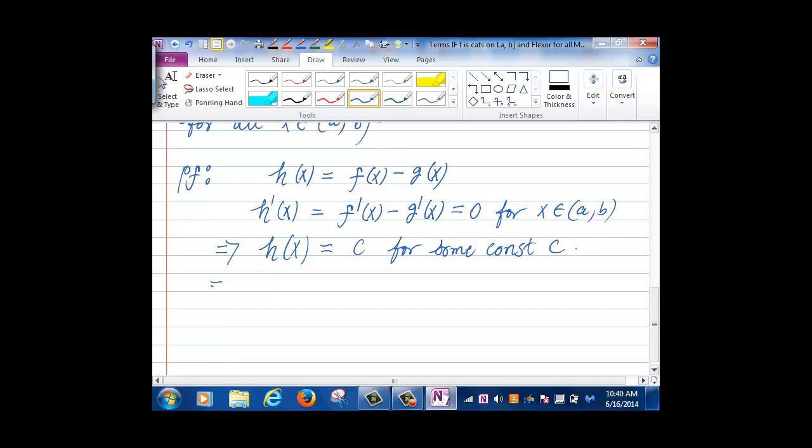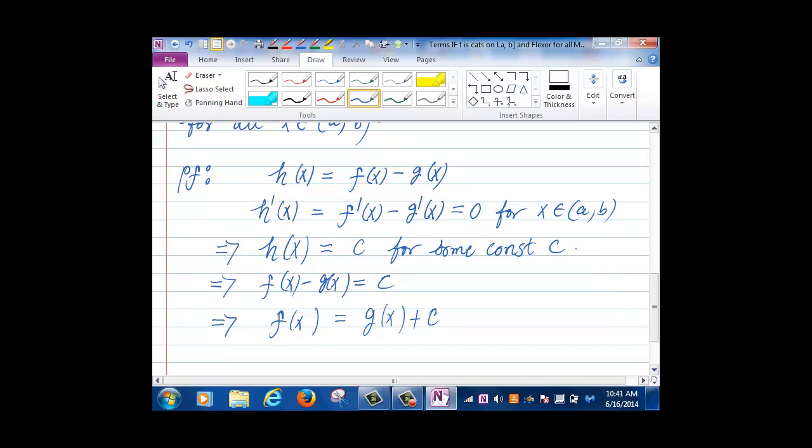But then it means that h is the same as f of x minus g of x. And then finally I get f of x is g of x plus c. Is everybody okay with that? Everybody is doing okay?